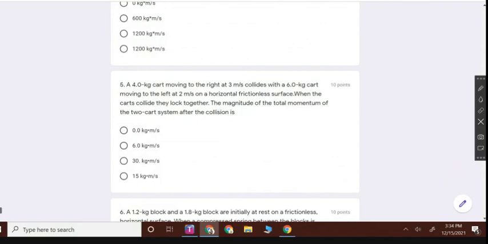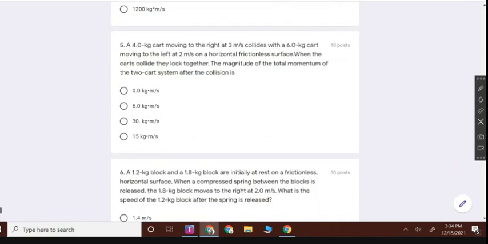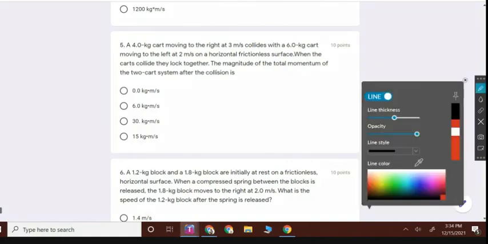Oh, wait a second, this is different. They collide and lock together. What do you do when they lock together? They're just one thing, right? So this is different. We'll do this problem: 4 kilograms, m1, collides with m2. This is v1, we'll be left with 2.